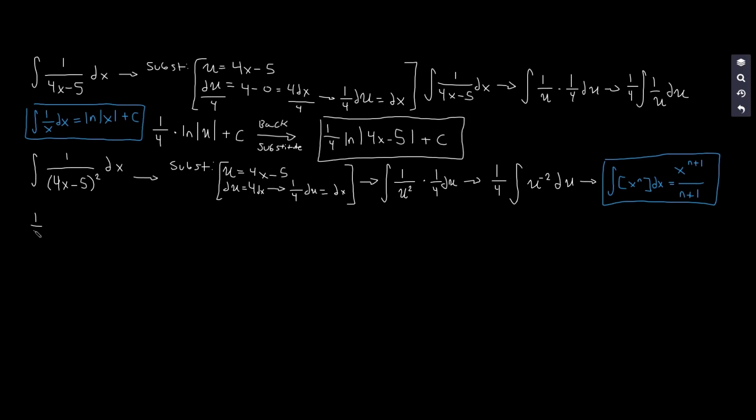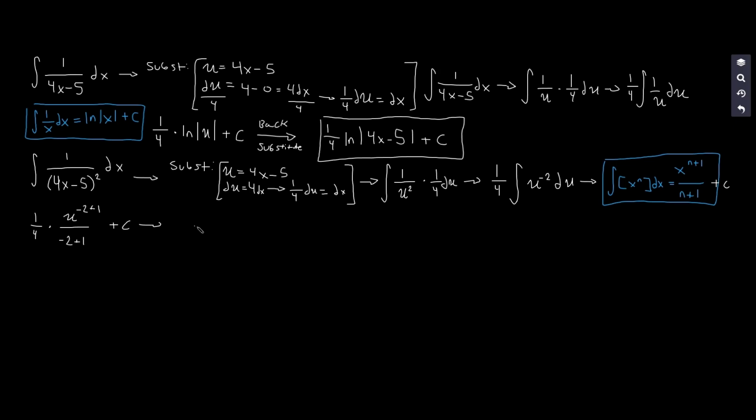So we're going to have 1 over 4, and then this is going to be times, oh gosh, almost forgot, plus c, right? This is going to be 1 over 4 times, well, we'll see, b raised to the negative second plus 1, and the denominator is going to be negative 2 plus 1, plus c.